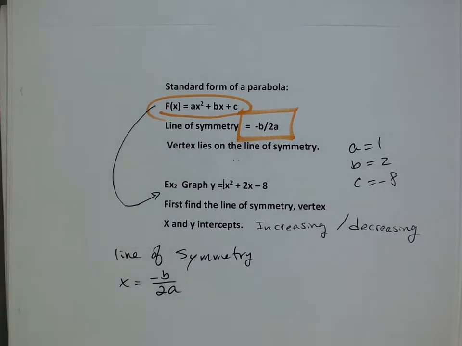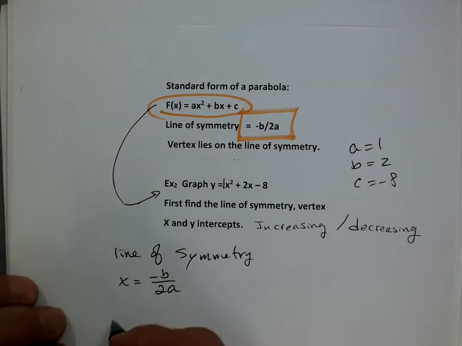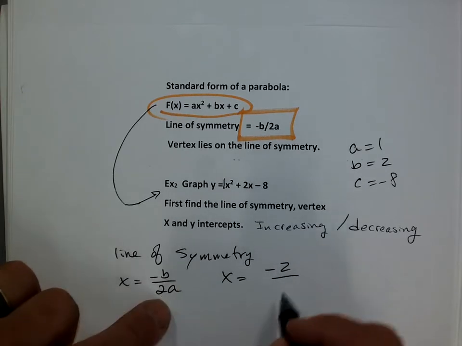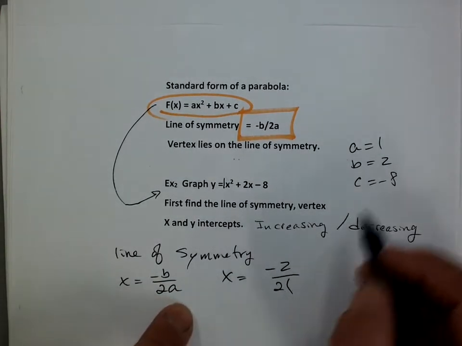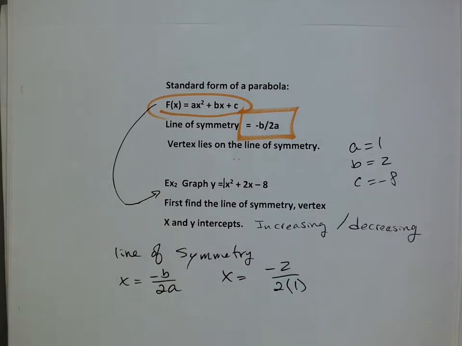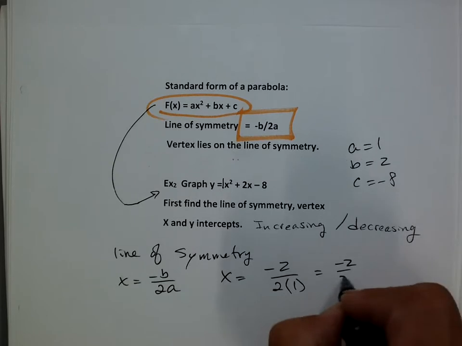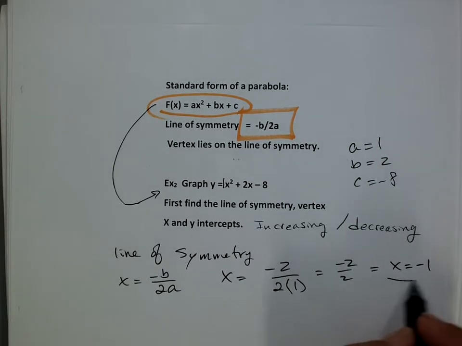It will always get us to the middle of the parabola. So negative b, b is 2, so we have a negative 2 over 2 times a, and a is 1. If we simplify this, we get negative 2 over 2, or x equals negative 1. So that's my line of symmetry.